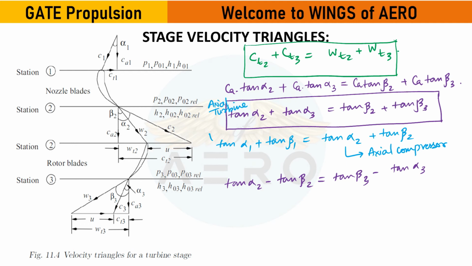So you can relate that in the compressor it was a plus and in case of the turbine it becomes minus. Because here we have tan beta also, so just remember this expression. Okay, next, can I change it?